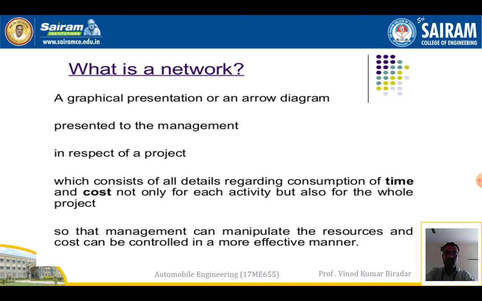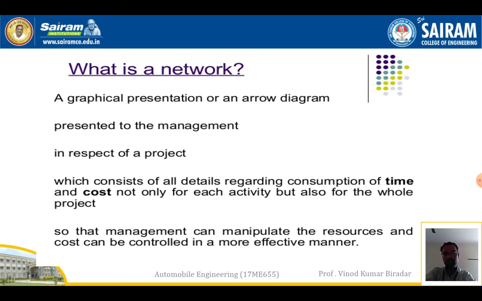It consists of details regarding the consumption of time and cost, not only for each activity but also for the whole project. I already told you, if any network consists of time, activity, event, it is in a sequence order. It should show how much time it takes from beginning to end to complete the given job.